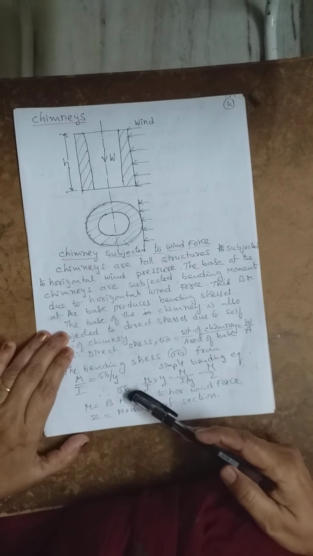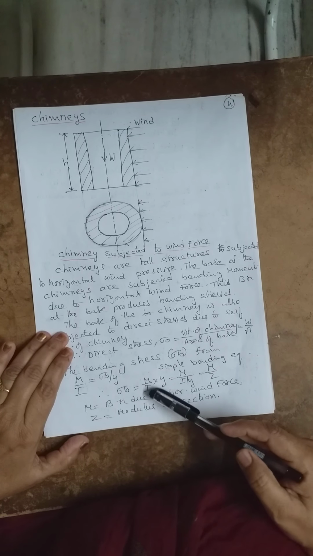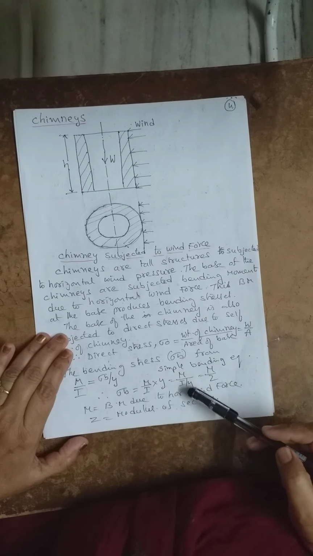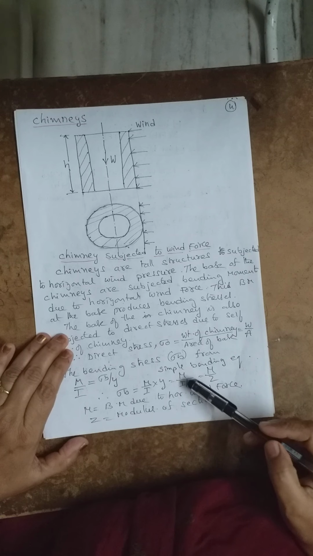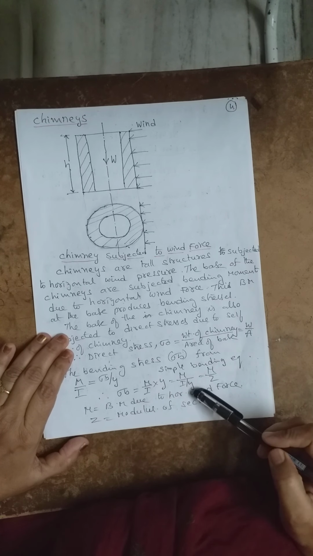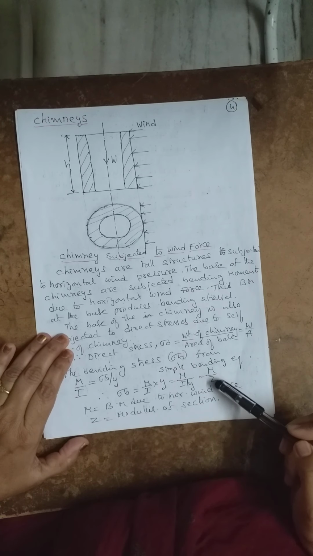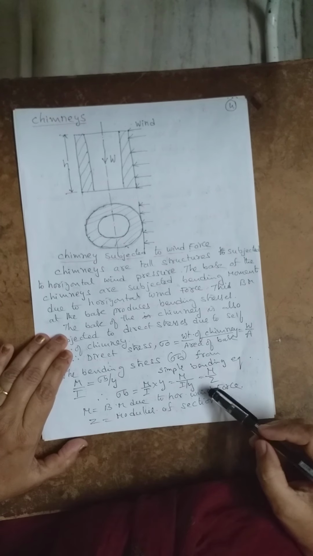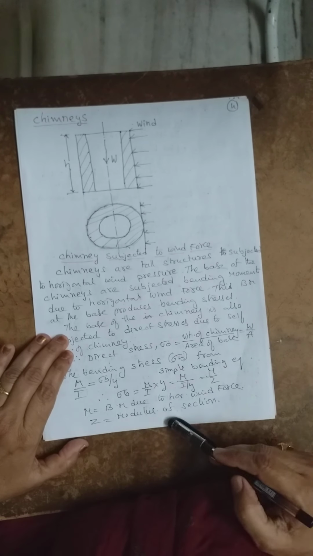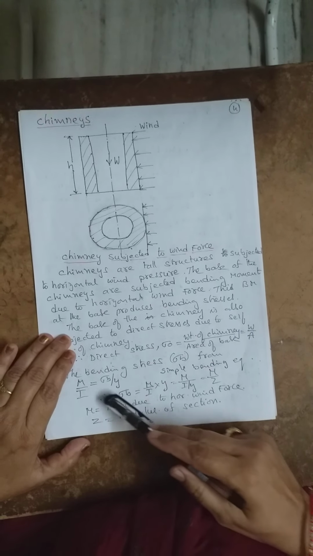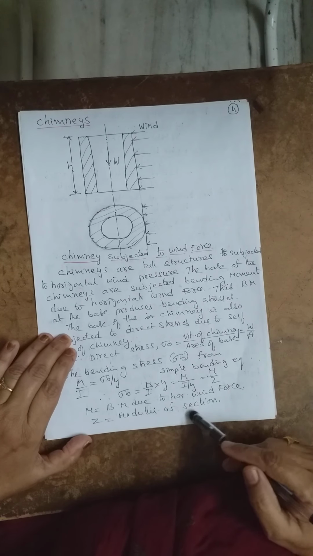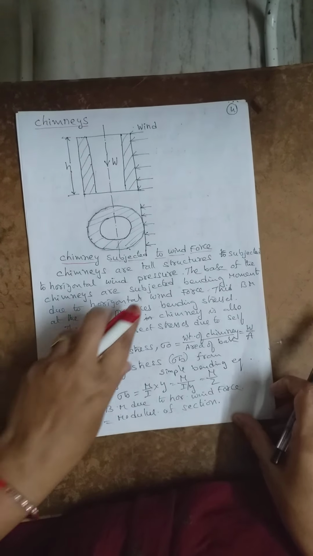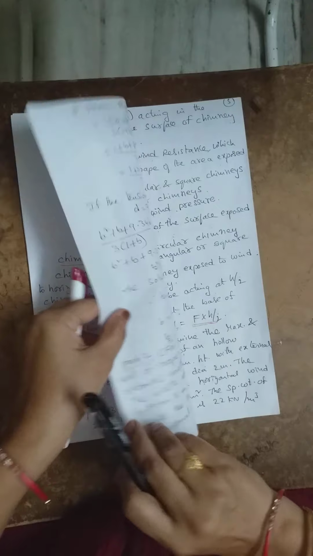And here sigma B is equal to M by I into Y. So we can write sigma B as M by Z, where Z is I by Y. Z is the modulus of section, and M here in this equation is the bending moment due to horizontal wind force.